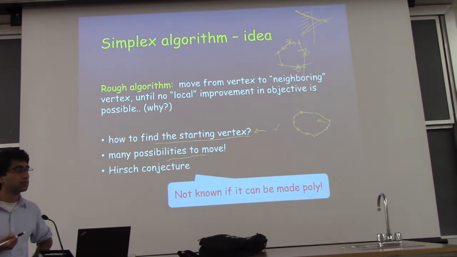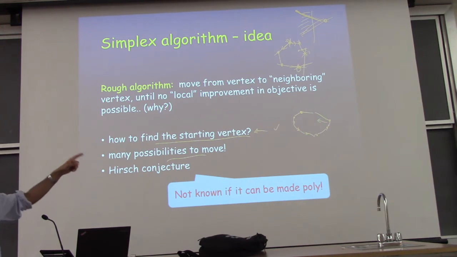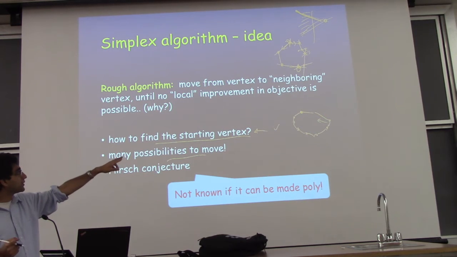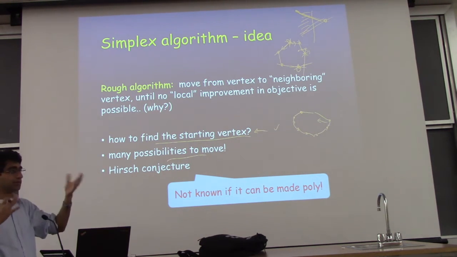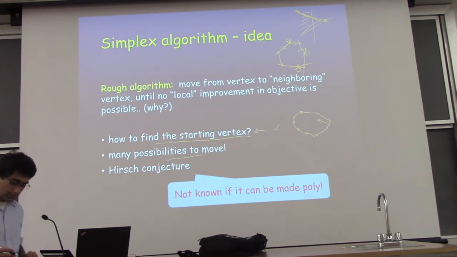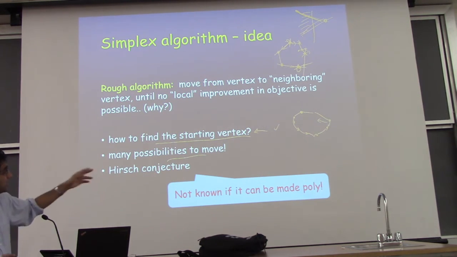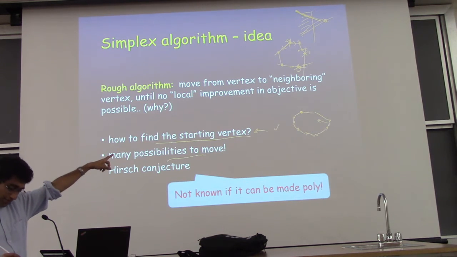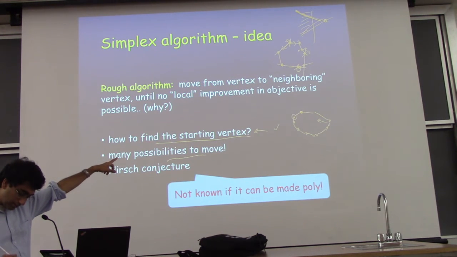Can you explain this better? Yeah. Suppose you have a polygon, in 2 dimensions, like this. Let me draw a slightly better figure. Imagine this is your objective function.